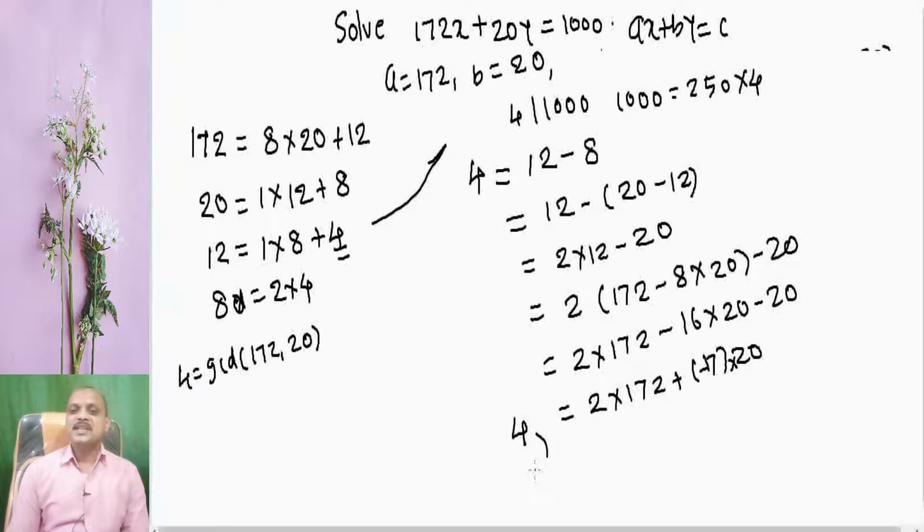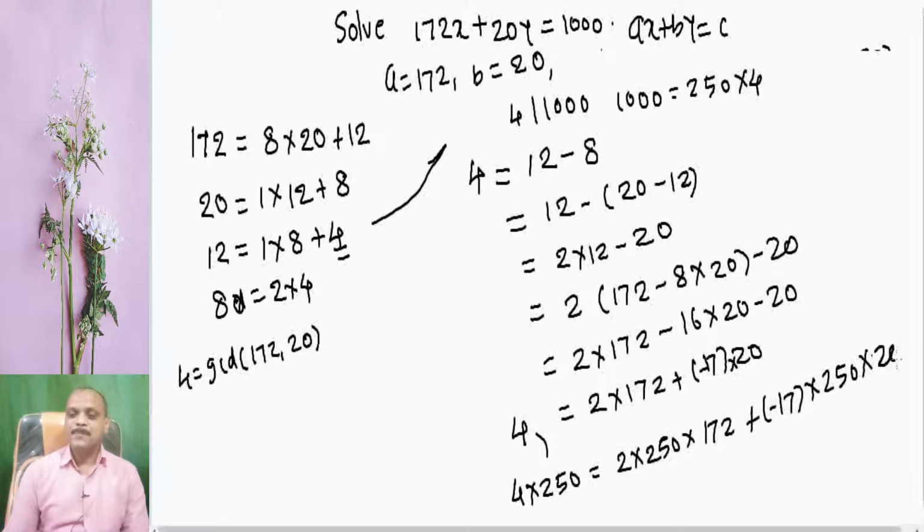Now we multiply this equation by 250. So 4 into 250 equal to 2 into 250 into 172 plus minus 17 into 250 into 20.